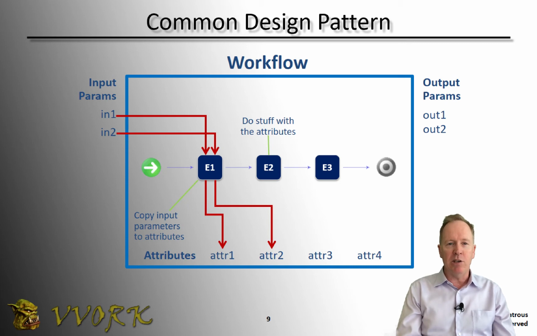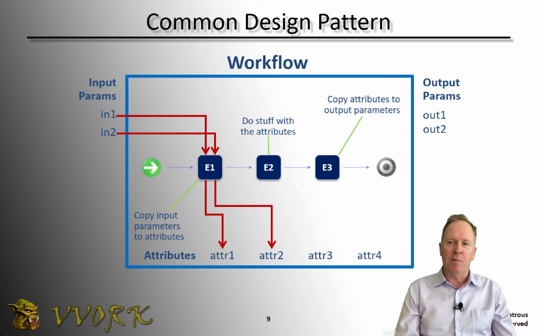But because you will have copied the input parameter values into the attributes, and because attributes are read-write, you'll not only be able to see what value is in the attributes, you'll be able to change the value of the attributes. So within schema elements that come after this special first E1 schema element, you'll be able to do all sorts of things you want with the attributes.